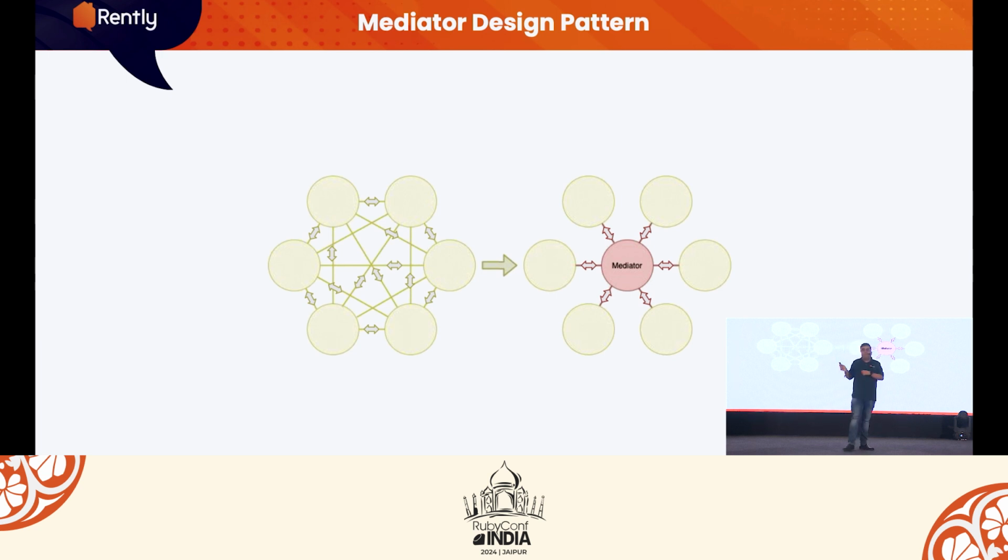But on the right hand side, all the flights or components are communicating with each other via the ATC. ATC is nothing but a mediator class. So all the components will communicate with each other via the mediator class. And if there is any modification required, you just need to notify the mediator class. So it means that if there is any new component you want to add, you can easily add it.